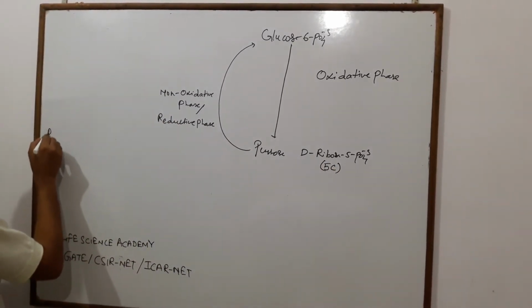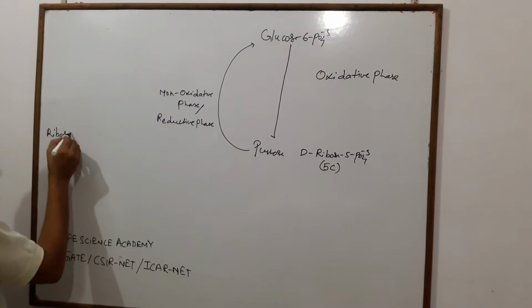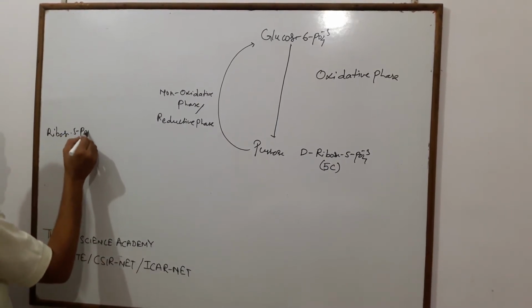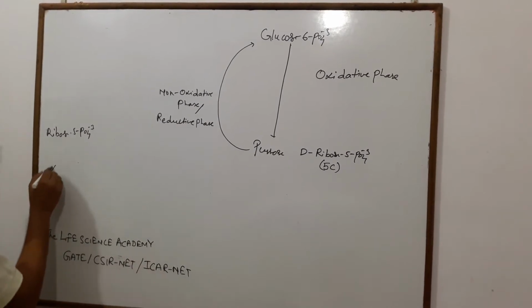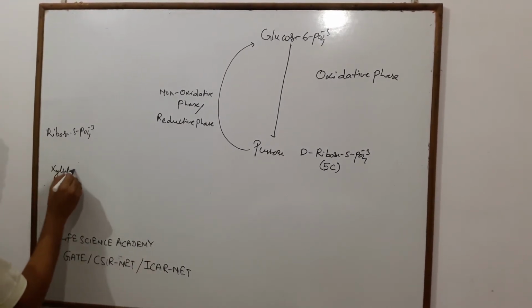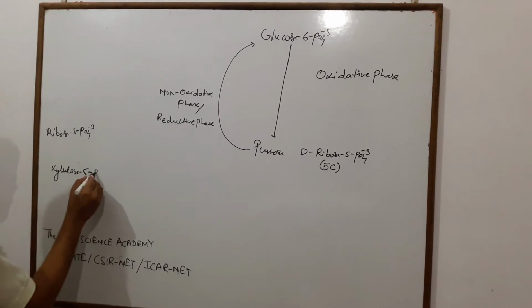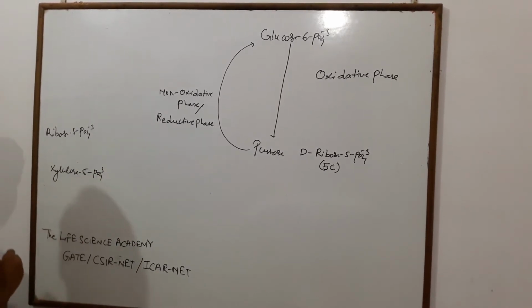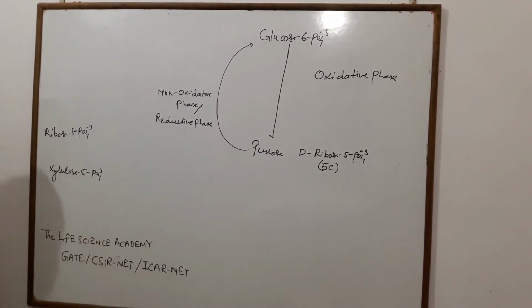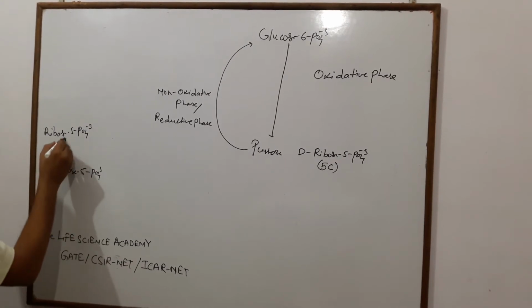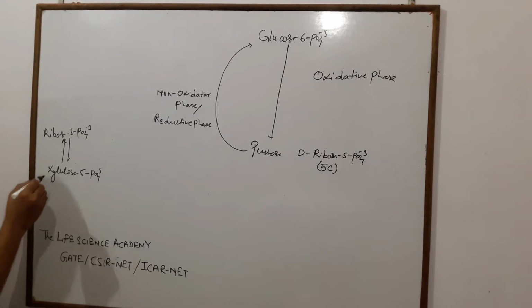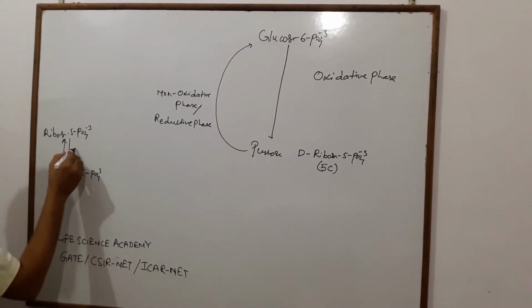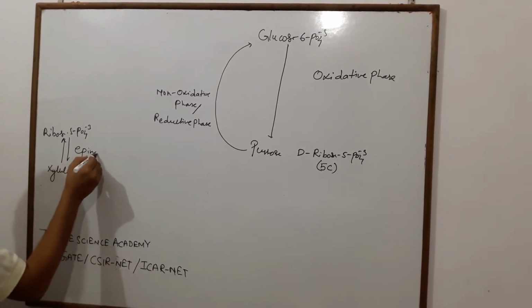It combines with xylulose 5-phosphate, which is also a 5-carbon sugar. These two sugars are interconvertible by an epimerization reaction, and the enzyme involved is epimerase.